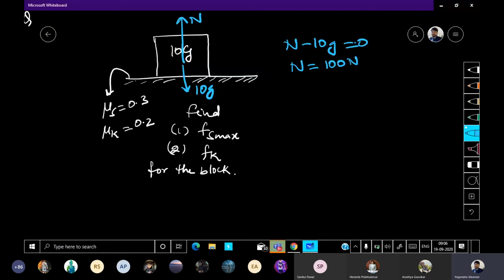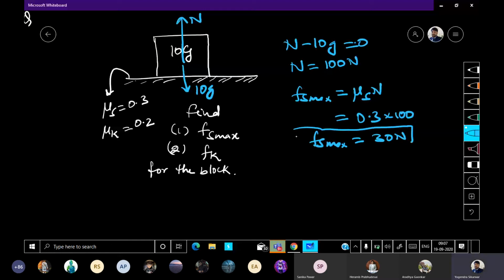Now using this, Fs max is equal to mu S N. Mu S is 0.3 and N is 100. So Fs max will be 30 Newton.